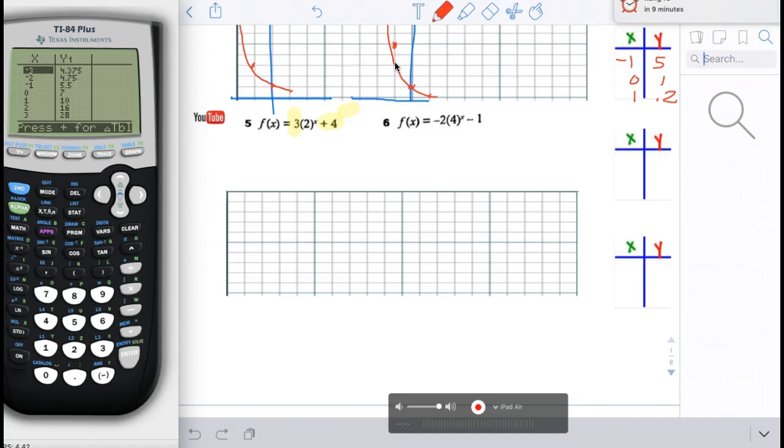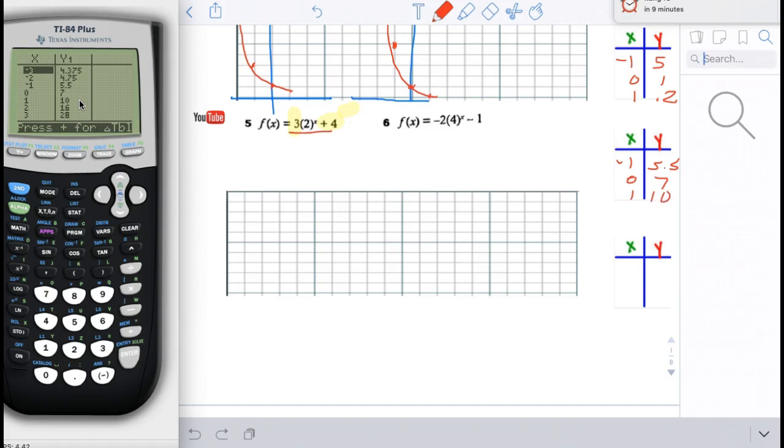Okay, so for this function here, some of the interesting points that we can graph are negative 1 comma 5.5 and 0 comma 1, no, 0 comma 7 and 1 comma 10. You notice that for this graph, it is not 0 comma 1 any longer.